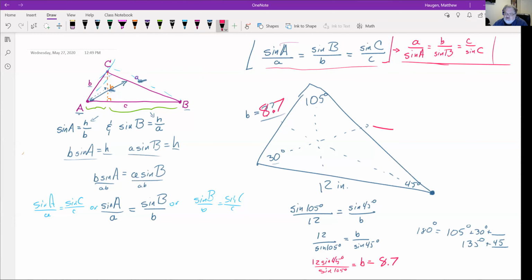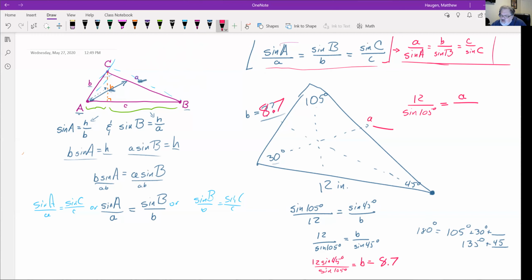And we can use the same argument. I'm going to start it in the reciprocal form, though. We still know that the 12 in ratio to the sine of 105, that opposite ratio, has to be equal to, this time, we'll use the other side. So call it A, call it whatever you want, they're just labels.